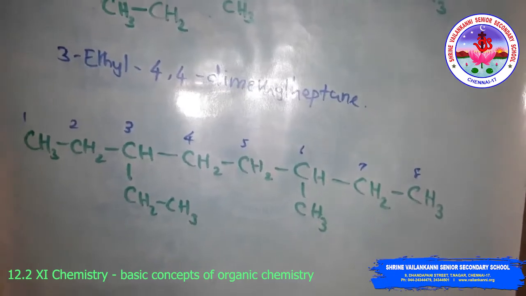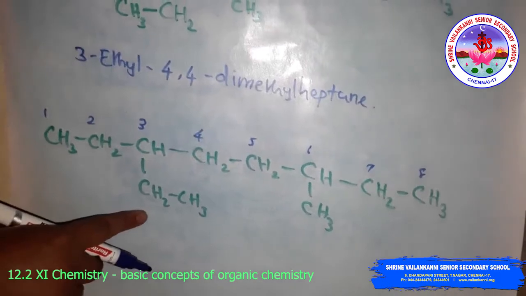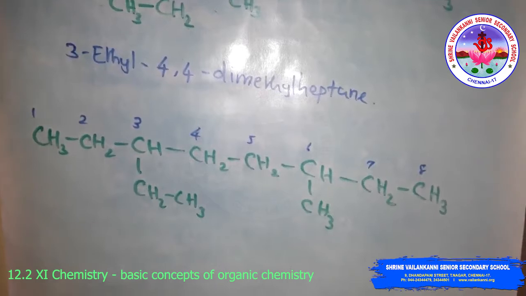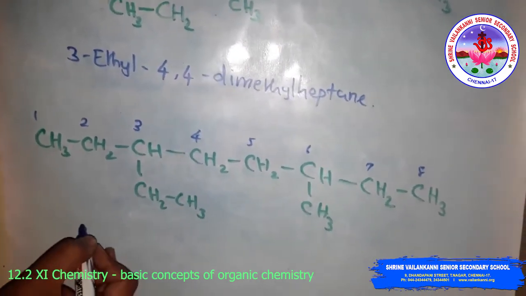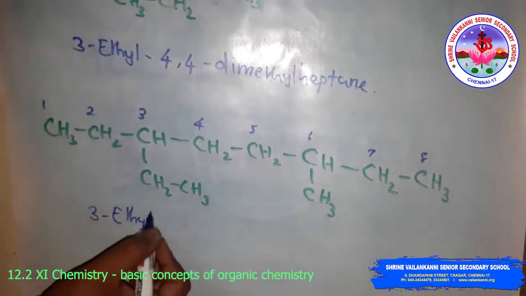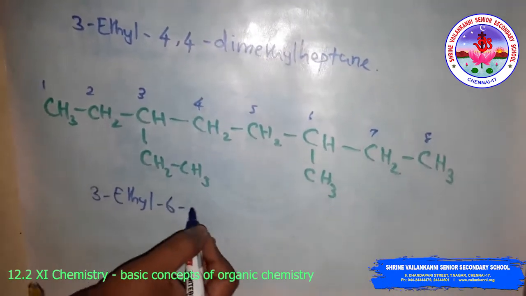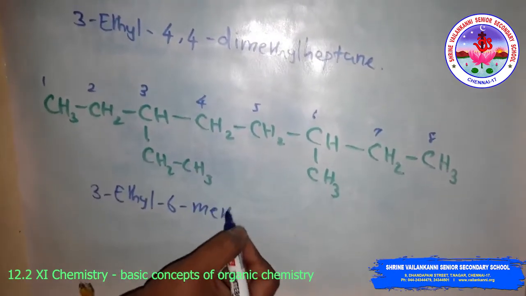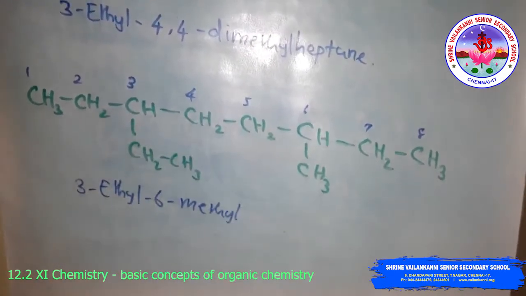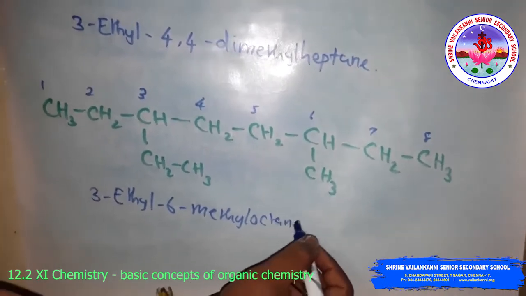Okay, here the third position has an ethyl group and the sixth position has a methyl group. Writing it, ethyl is first, so 3-ethyl, then 6-methyl, the sixth position methyl. Then the longest chain is what? Octane. So 3-ethyl-6-methyloctane. This is the correct way.